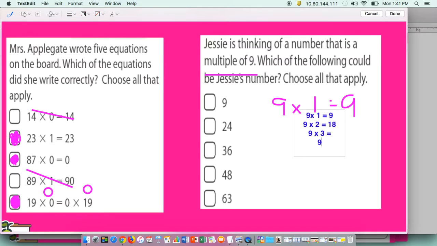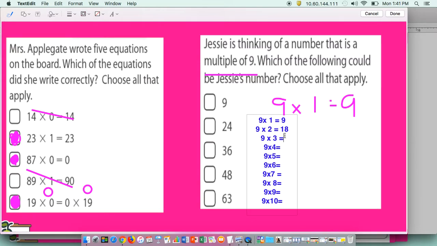9 times 3, 9 times 4, 9 times 5, 9 times 6, 9 times 7, 9 times 8. Go all the way to 9 times 10. Alright, and remember the pattern that we have for the 9 times table?